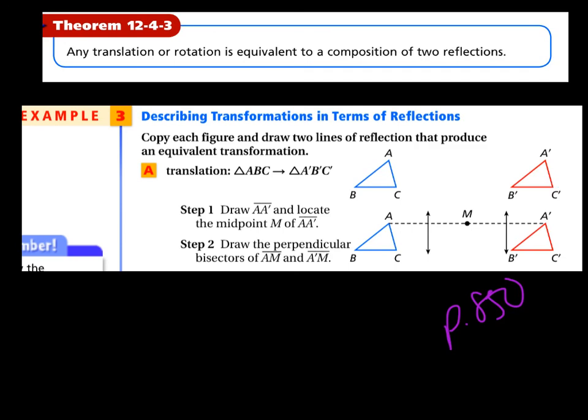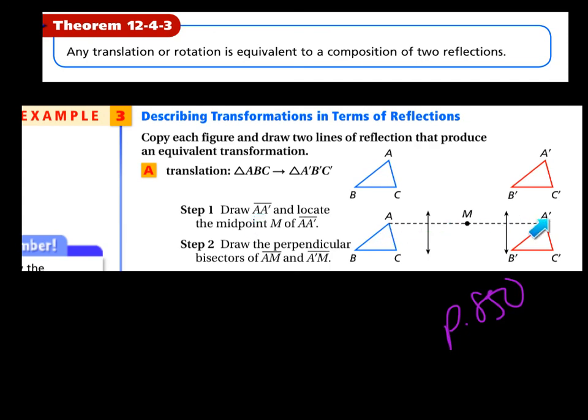So we know that since this is a translation, we know from up here, a translation is the same thing as two reflections. So this is where it gets a little tricky. We have to go back to our original theorem that we learned. If you remember, it says the length of the translation is twice the distance between the lines. So if we look at what we did here, we draw A to A prime.